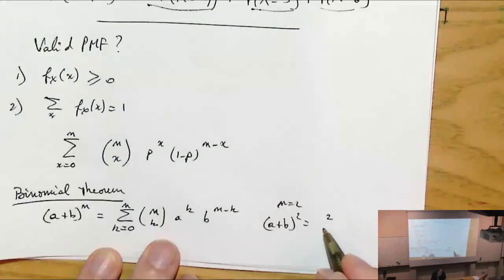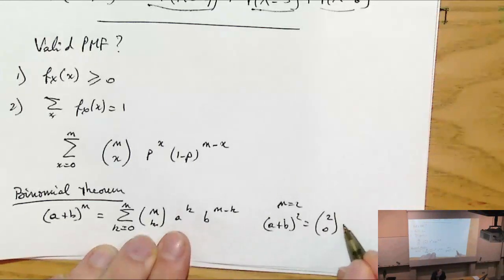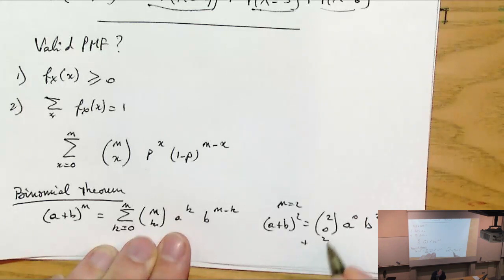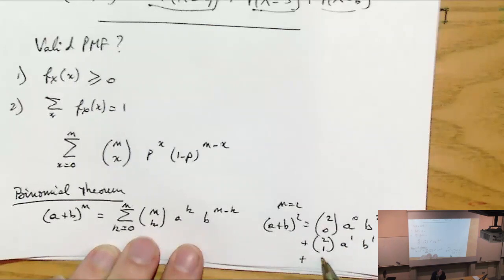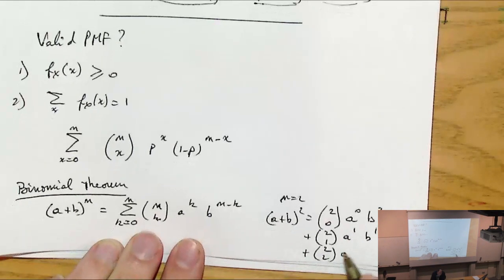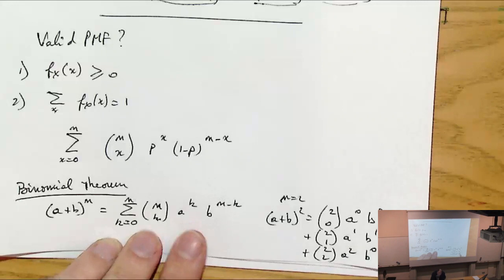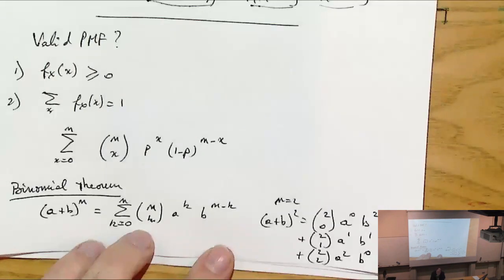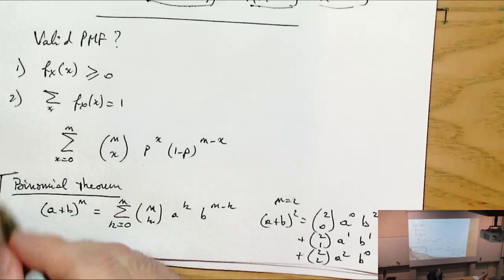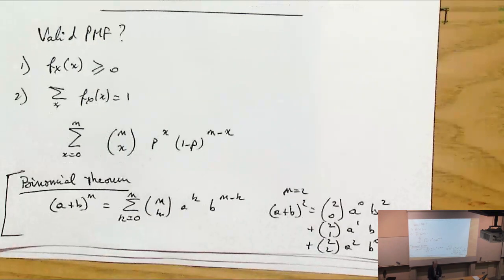You have 2 choose 0, a to the 0, b squared, plus 2 choose 1, a to the 1, b to the 1, plus 2 choose 2, a squared, b to the 0. This is nothing else than b squared plus 2ab plus a squared. This is the binomial theorem. You know it for n equal to 2, but it actually also holds for n larger than 2.